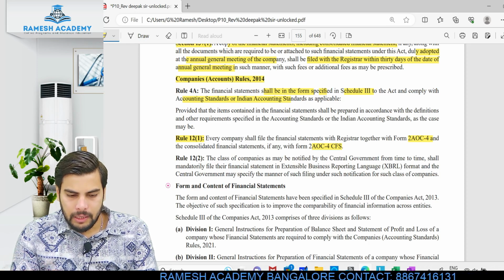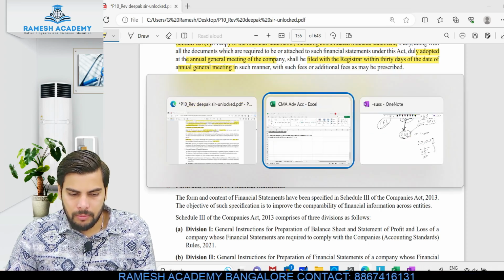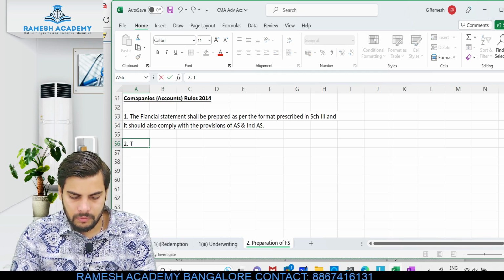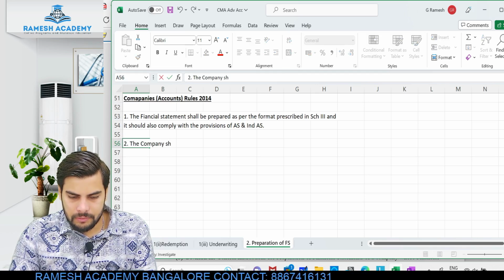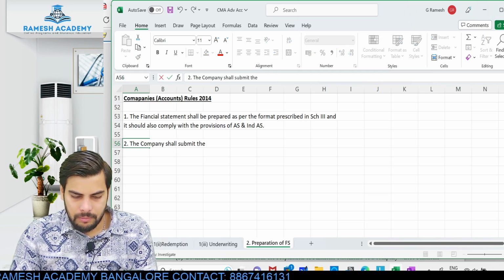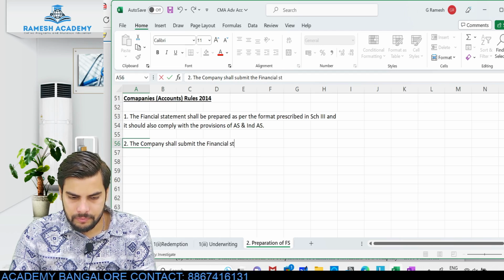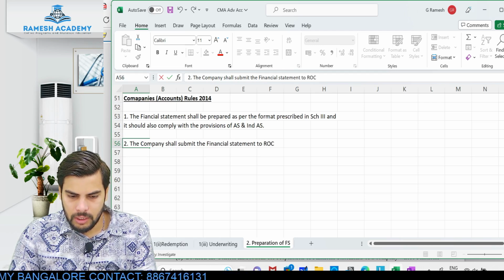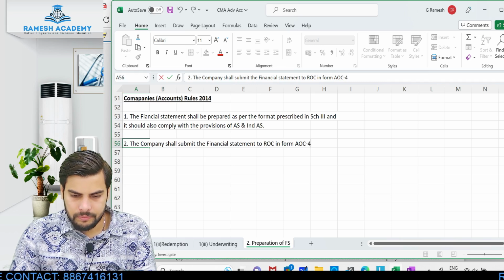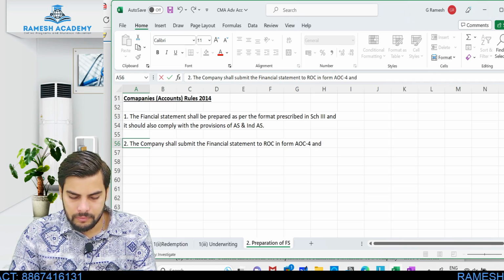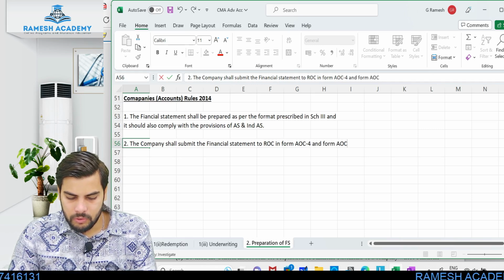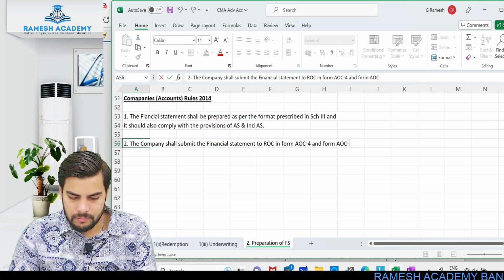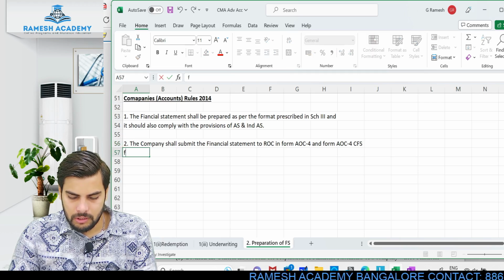I'll write this particular point. The company shall submit the financial statement to ROC in Form AOC4 and Form AOC4 CFS for consolidated financial statement.